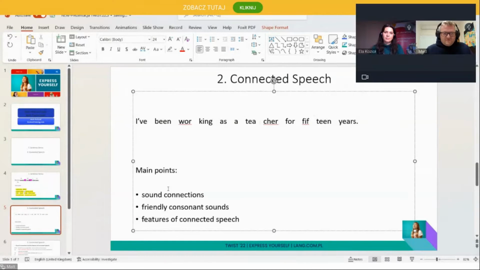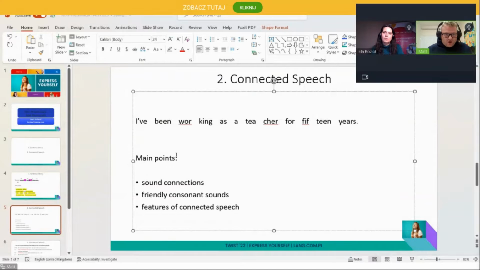So, can you remember which syllables are stressed? Which syllables have the golden sounds that we needed? Working, the t in teacher, the long e sound. And fif in 15. Anything else? Years. And years. Yes. Okay.